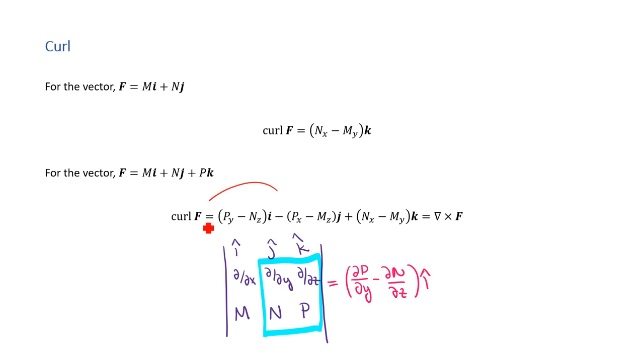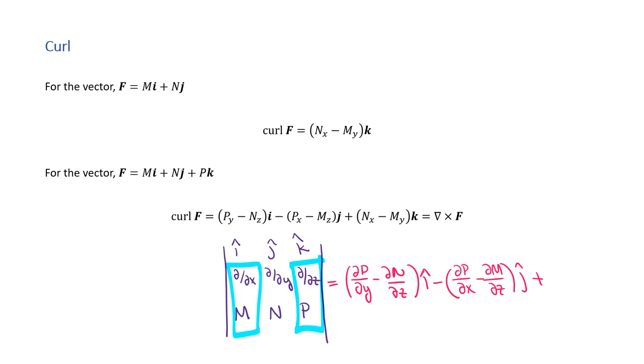And then you can actually arrive at this big, long formula I have on the screen by just applying our rule for finding cross products. So for the i component, I cover up the column with the i, and then I'm going to take dP/dy minus dN/dz. And then for the j component, it's going to be negative, so don't forget to put that negative in there.